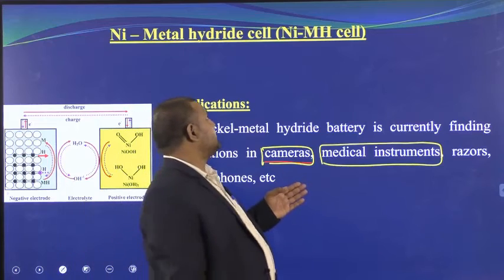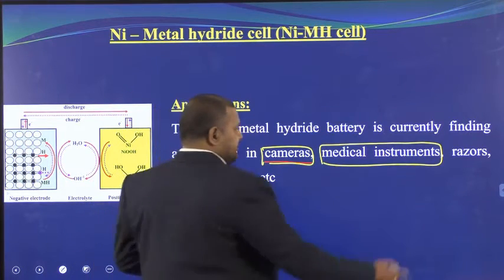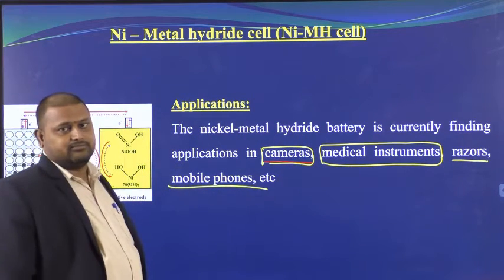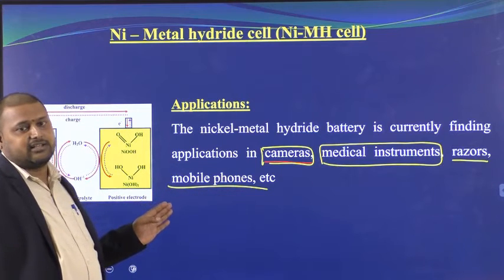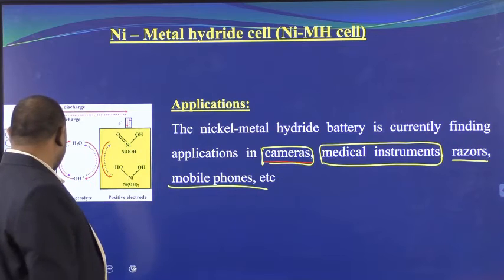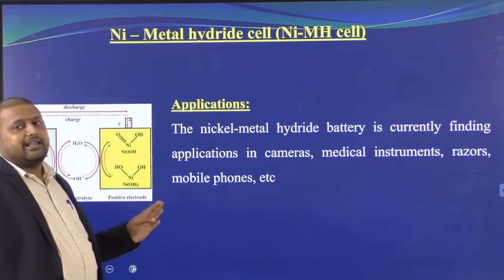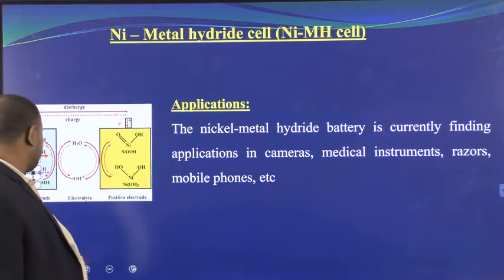Then we can use these nickel metal hydride batteries, and lasers. And mobile phones also we are using now. Previously they used these nickel metal hydride batteries also in mobile phones. So these are all the important applications of our nickel metal hydride battery.